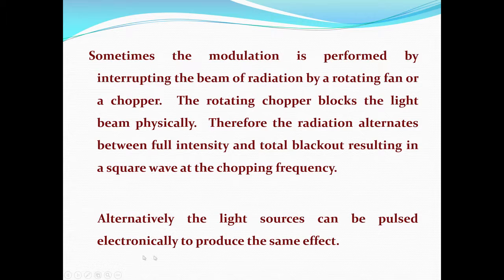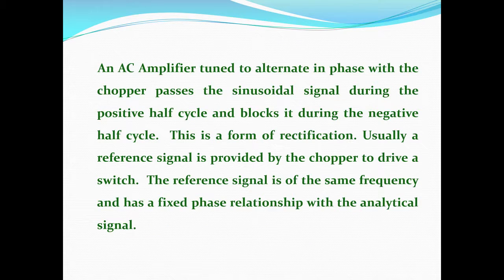The light sources can be pulsed electronically also to produce the same effect. So, instead of having a rotating chopper, which is a mechanical device, they can be converted into electronic ones for better signal handling. So, an AC amplifier, how do we do it? We take an AC amplifier, tune it to the alternate phase with the chopper that passes the sinusoidal signal during the positive half cycle and blocks it during the negative half cycle.